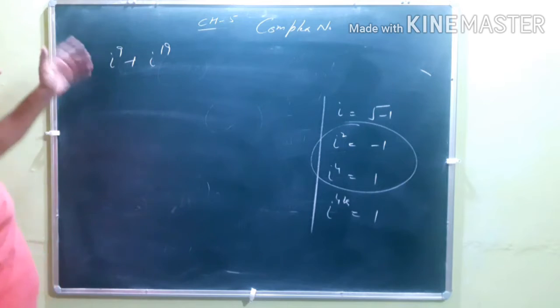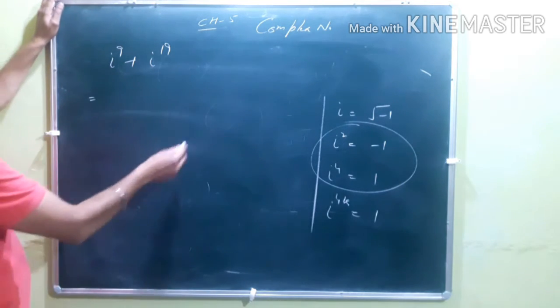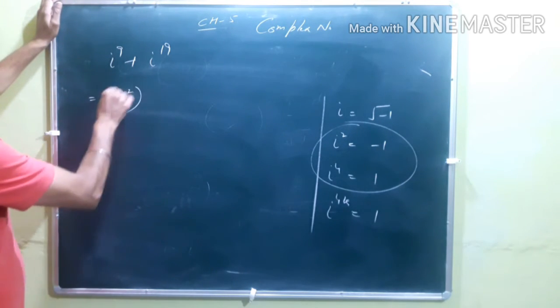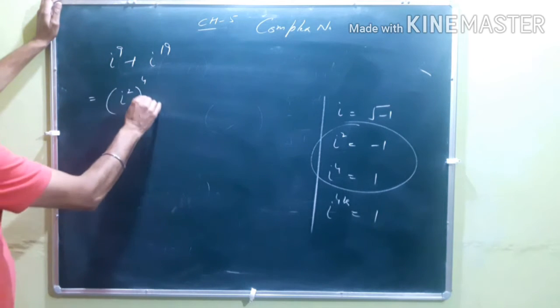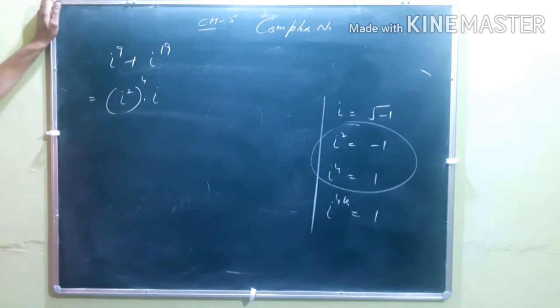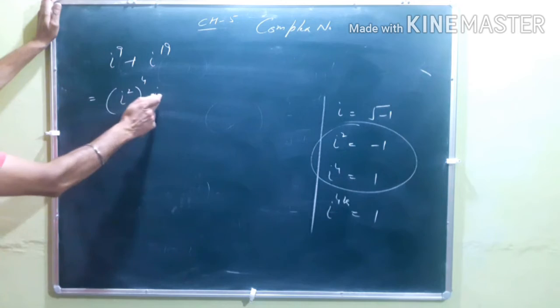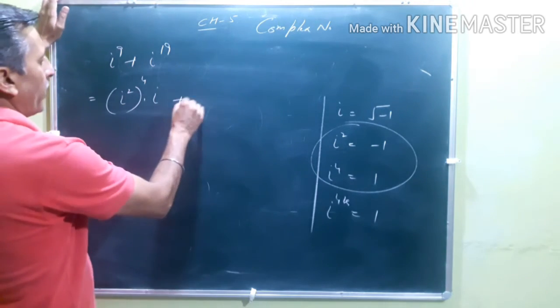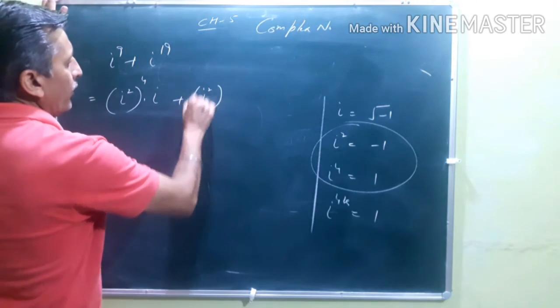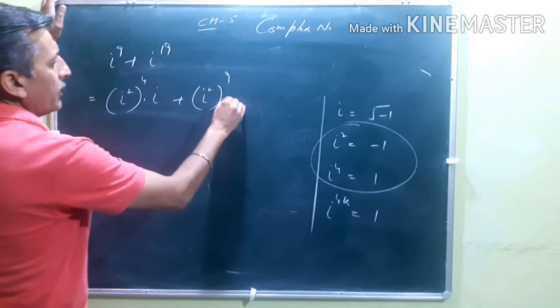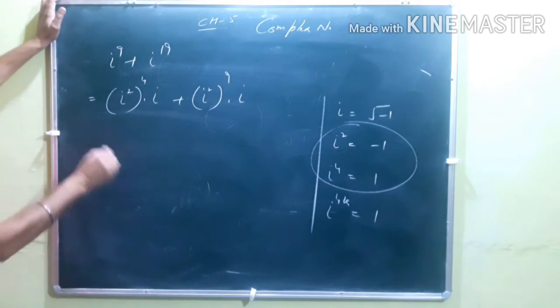You can use either. I am going to use iota square. So iota to the power 9 is iota square raised to power 4 into iota, since 4 times 2 is 8, plus 1 is 9. Plus iota square raised to 9 into iota, since 9 times 2 is 18, plus 1 is 19.